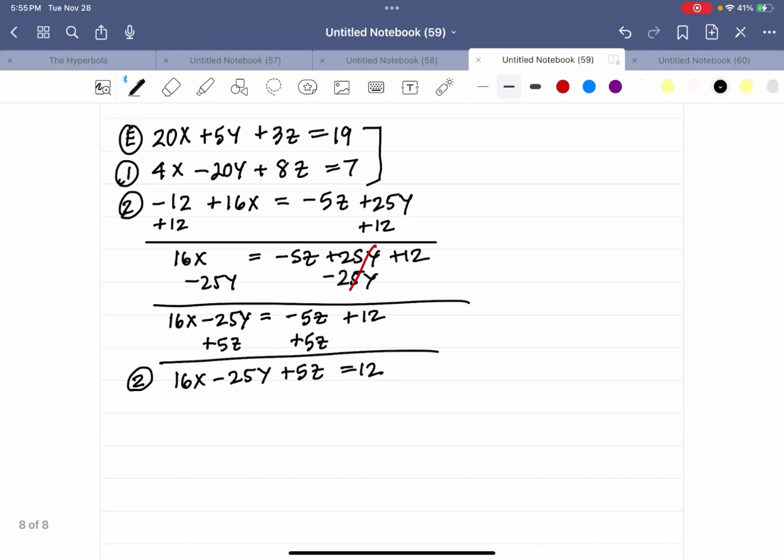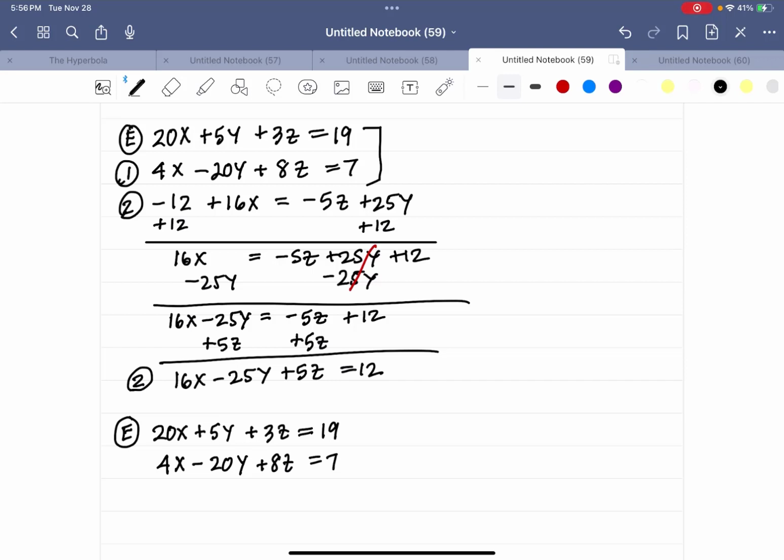So let's do E, 20x plus 5y plus 3z equals 19, with number 1, 4x minus 20y plus 8z equals 7.